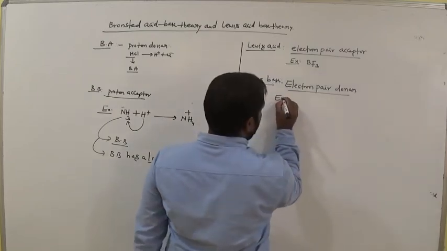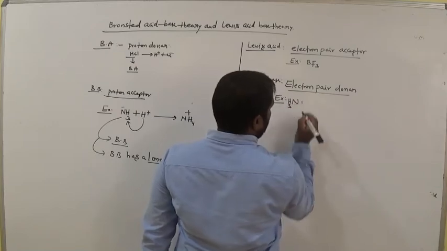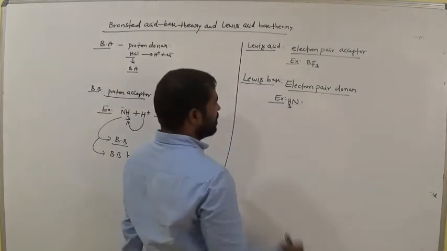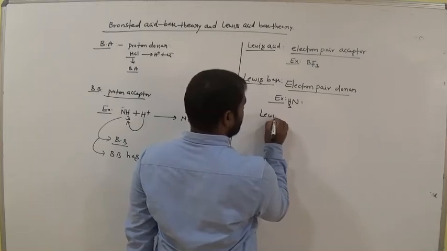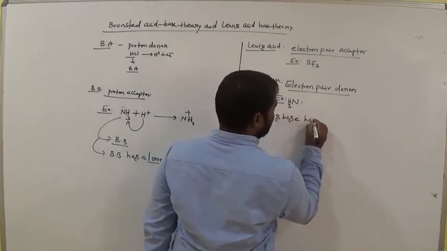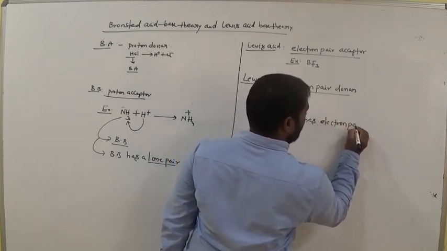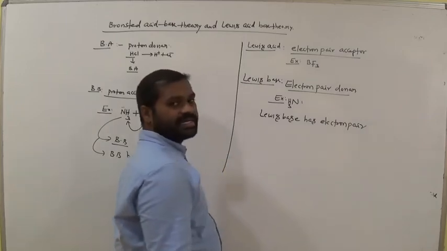Example, NH3. That means a Lewis base has an electron pair. Electron pair or not? Electron pair.